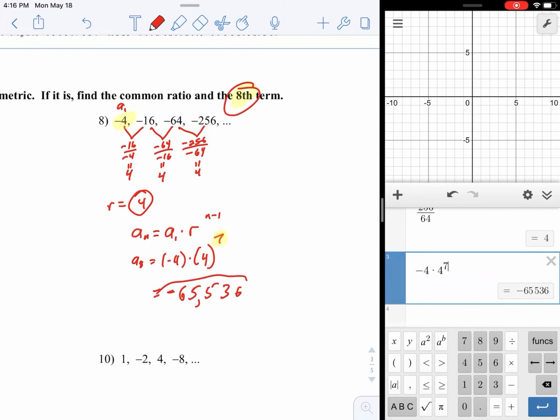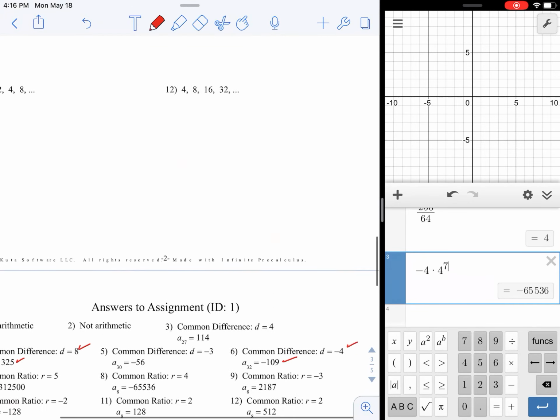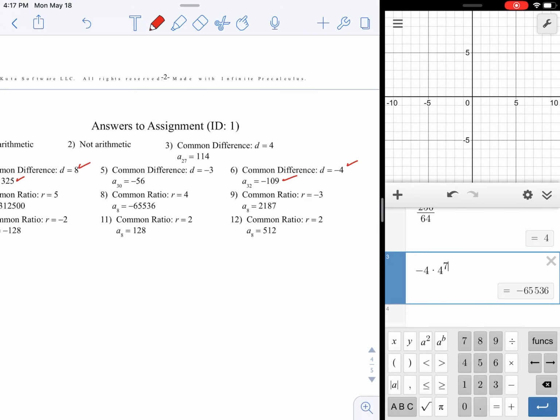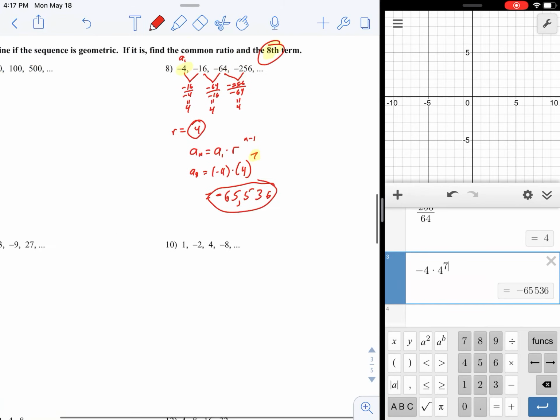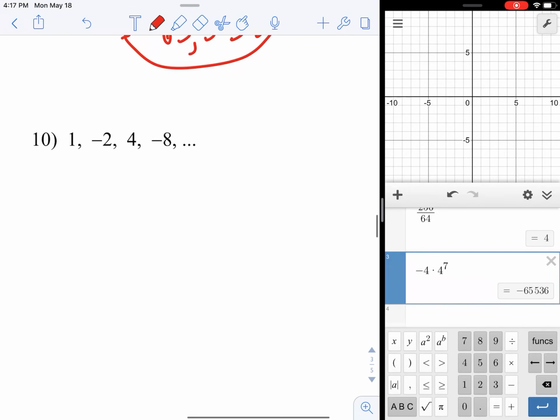Oh, I suppose I should check myself, because it'd be embarrassing if I'm wrong and I'm going on and on. There it is. Okay, number 10. So the common ratio, negative 2 divided by 1 equals negative 2. 4 divided by negative 2 equals negative 2. Negative 8 divided by 4 also equals negative 2.